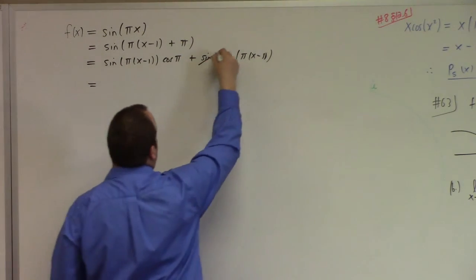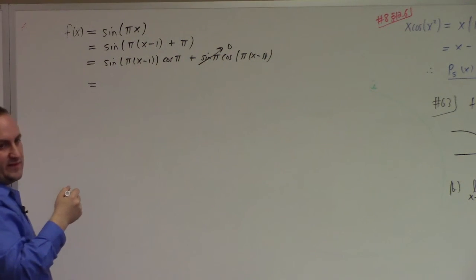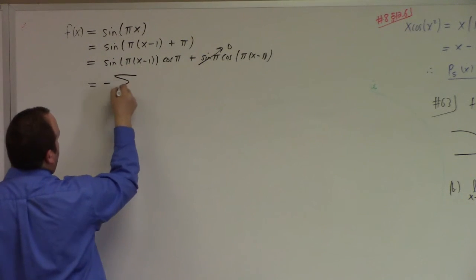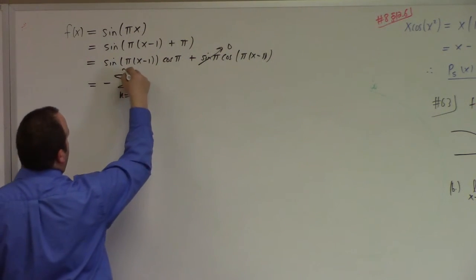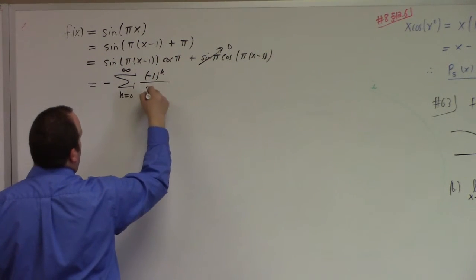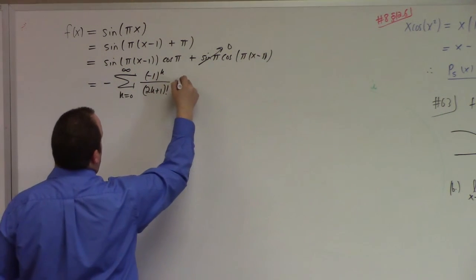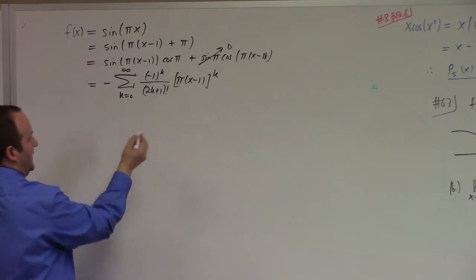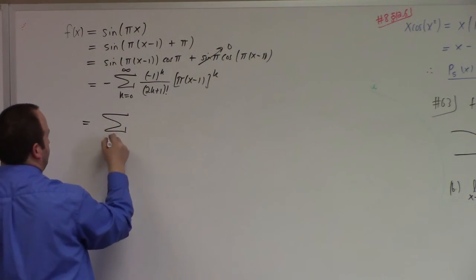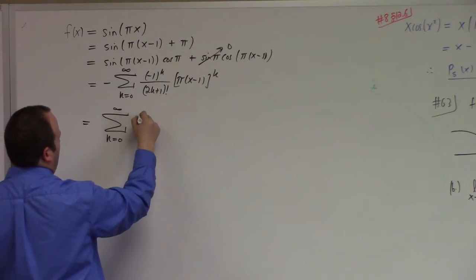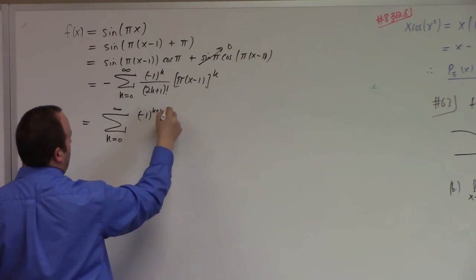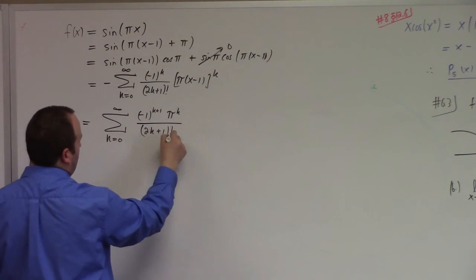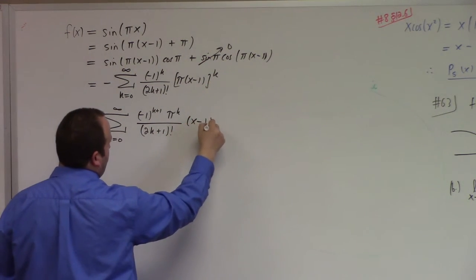And so, of course, the sine pi term is 0. In other words, half the differentiations that you do, you get 0. And this is just minus the sum from k equals 0 to infinity of (minus 1) to the k over (2k plus 1) factorial, times pi times (x minus 1) to the k power. Then you can clean that up: we get (minus 1) to the k plus 1, pi to the k, divided by (2k plus 1) factorial, and then (x minus 1). And so there's the power series.